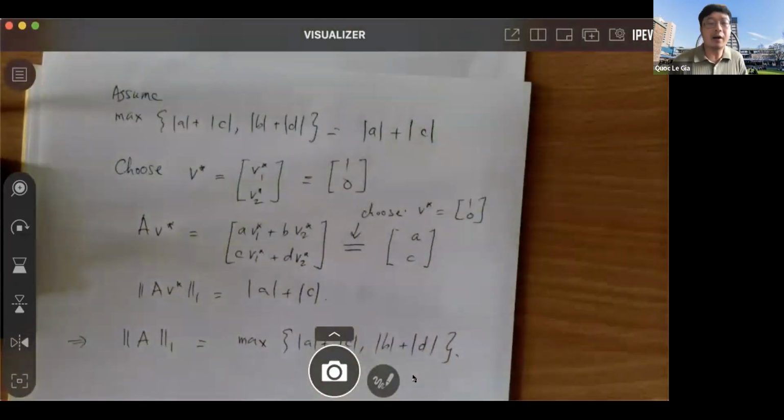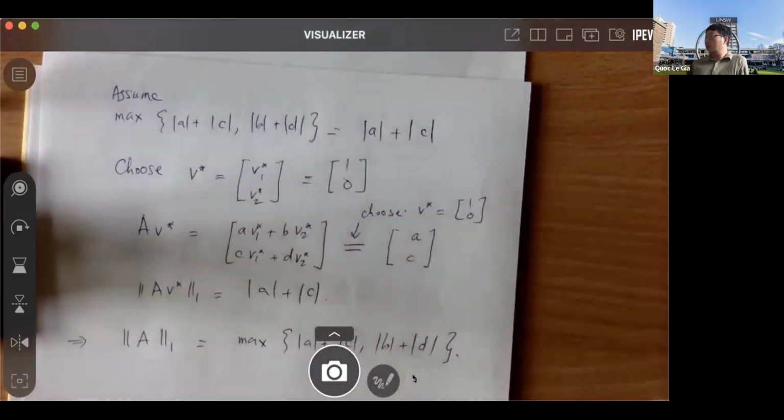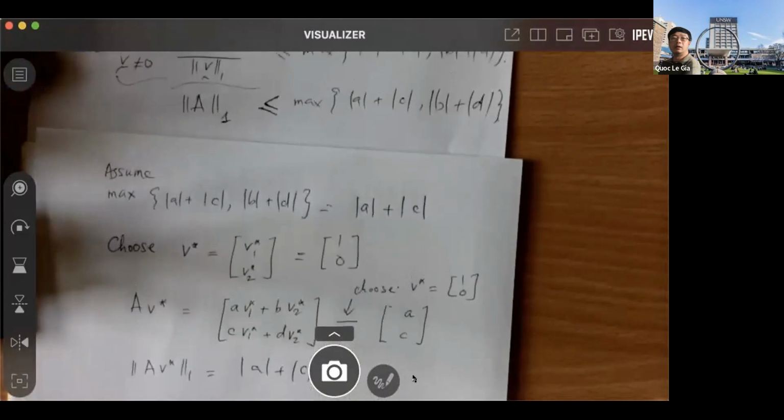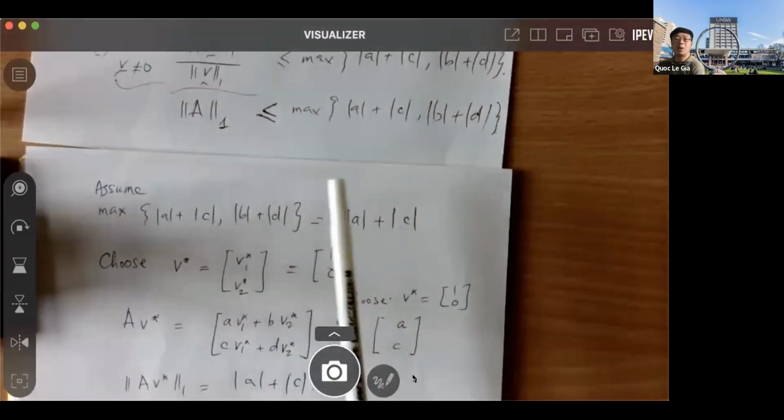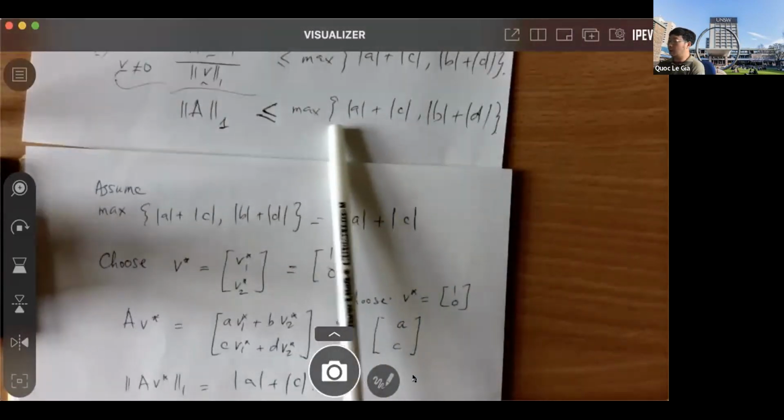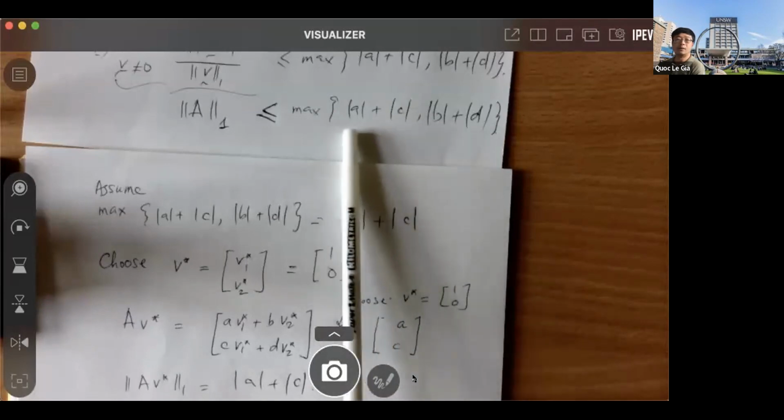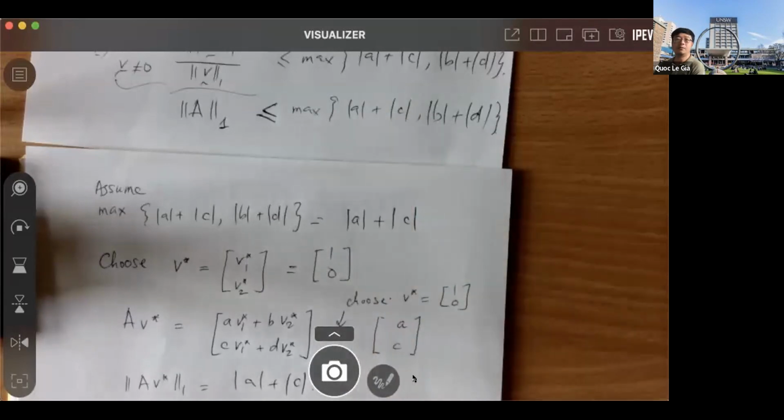The first step is you show that the one norm of A is always less than or equal to the max of the column sums in absolute value.